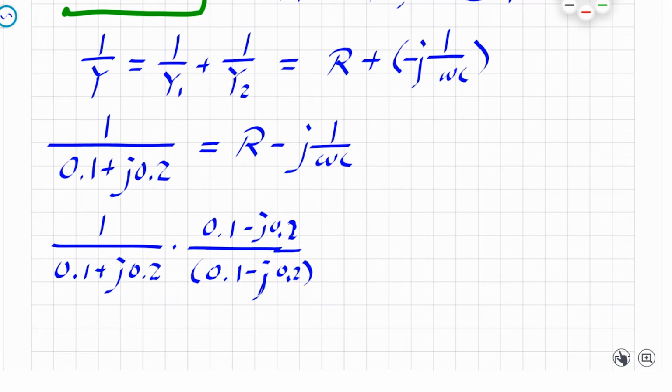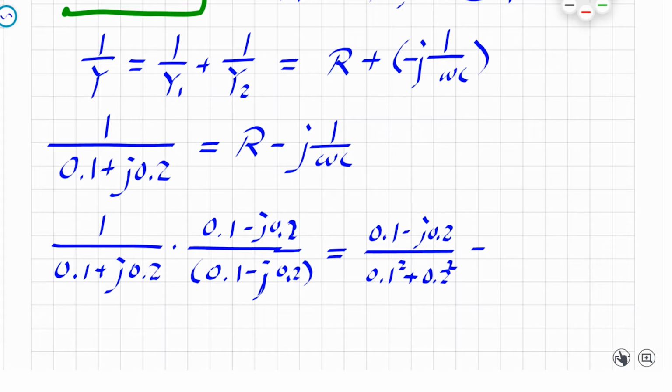Now by doing that, what we have here is a 0.1 squared plus 0.2 squared in the denominator. And the numerator here is 0.1 minus J 0.2. So 0.1 divided by the denominator and the negative J 0.2 divided by the denominator.